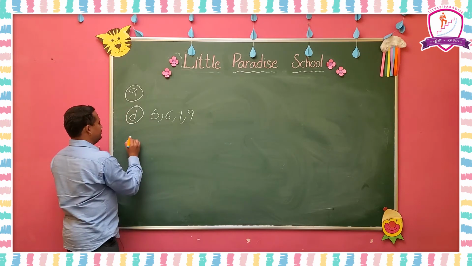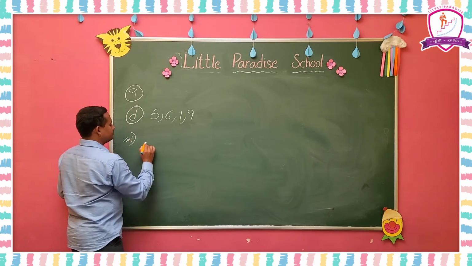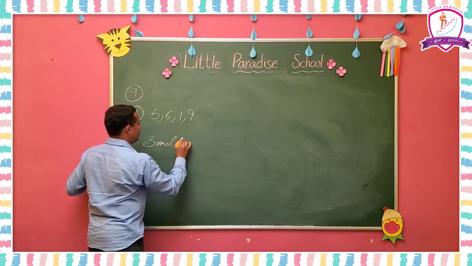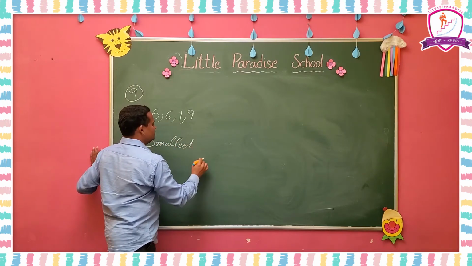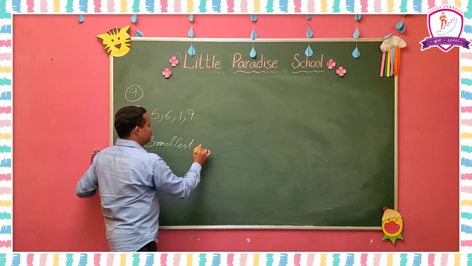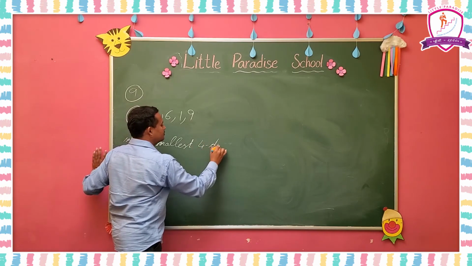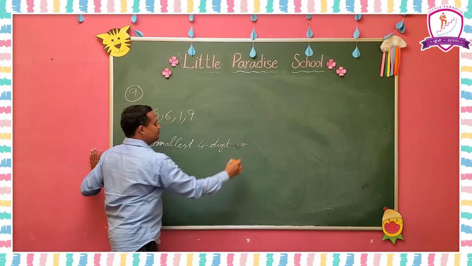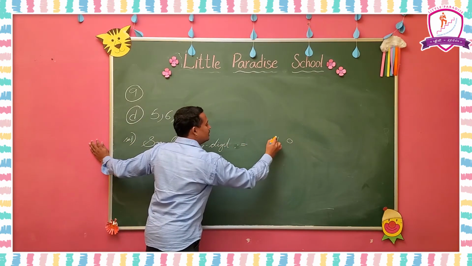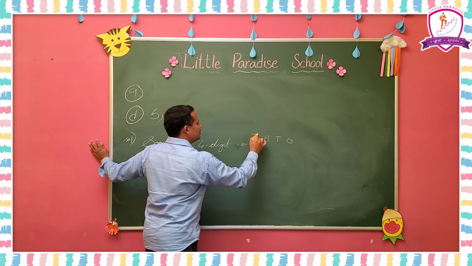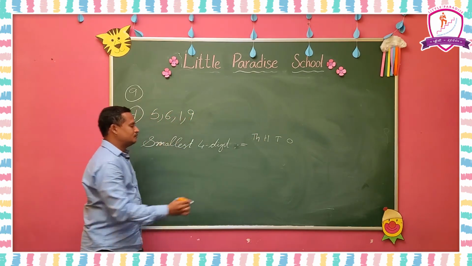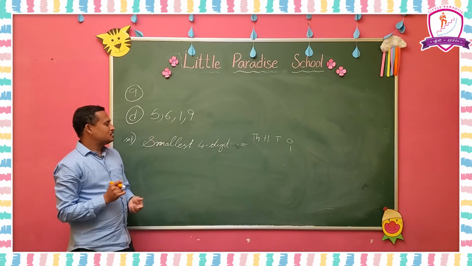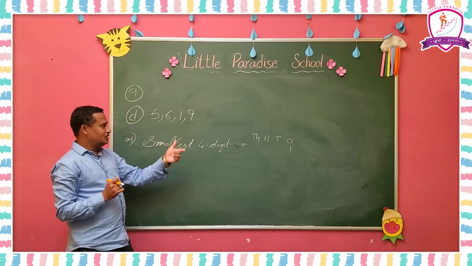So again, the smallest 4-digit number: ones, tens, hundreds, thousands. Here 1 must be in ones place. This is the condition, and the remaining numbers you have to arrange.